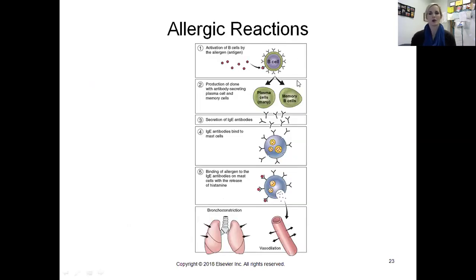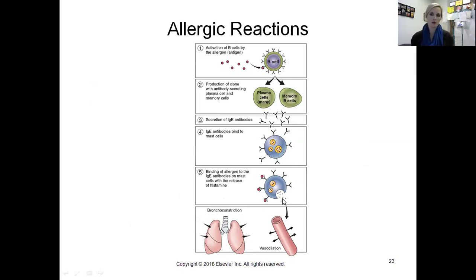So you can kind of see this process taking place in this visual here, that activation of B cells by the allergen will produce plasma cells and memory cells, which will cause a secretion of those particular types of antibodies, which bind to different mast cells and then therefore release histamine.